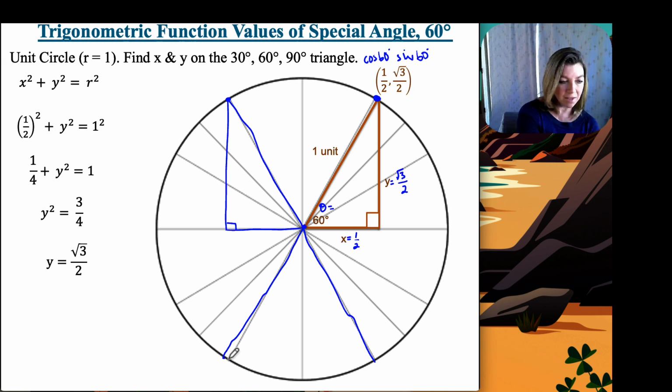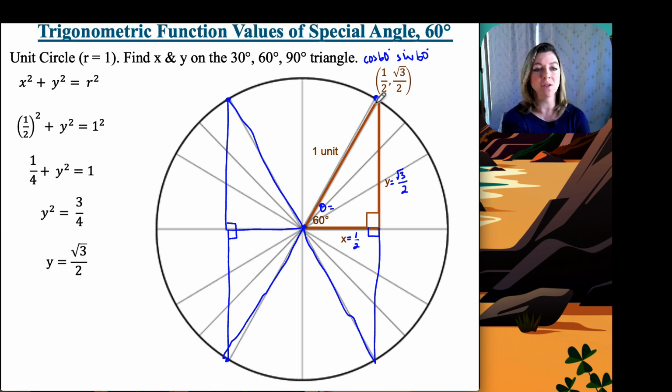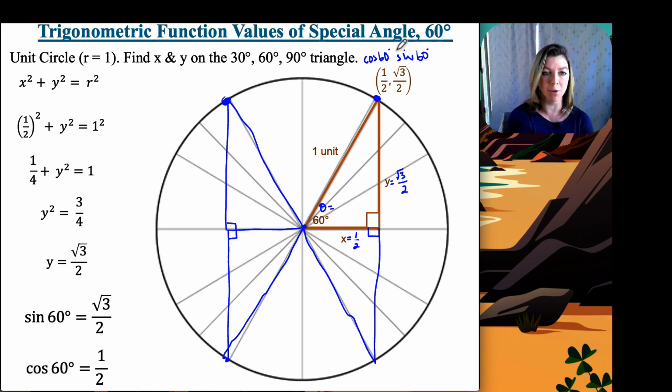Same thing from here, beeline it to the x-axis, congruent triangle, and one more here. Okay, so that coordinate over here is going to be negative, just want to write those out first. Sine of 60 degrees is rad 3 over 2, and cosine of 60 degrees is the 1/2. That was just what we wrote here, but now it's written here for us as well.